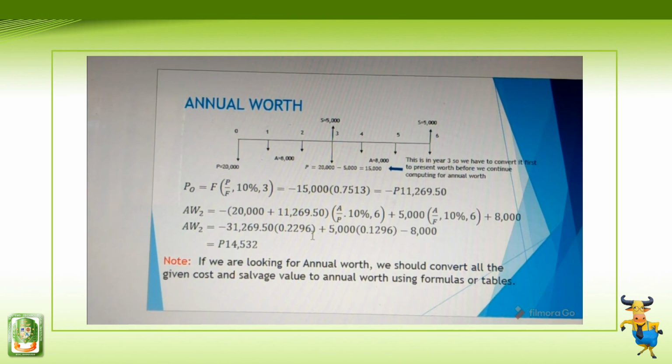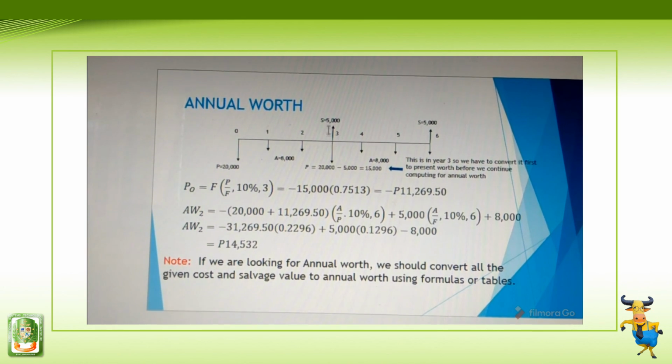Now, how about if 2 cycles are used? We still have the 20,000 first cost, our annuity of 8,000 for 6 years, and a salvage value of 5,000 every 3 years. For the 3 years, we have to convert it first to present worth before we continue computing for annual worth.